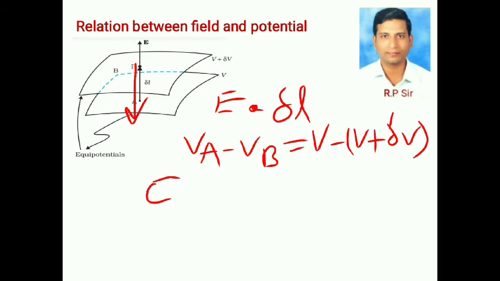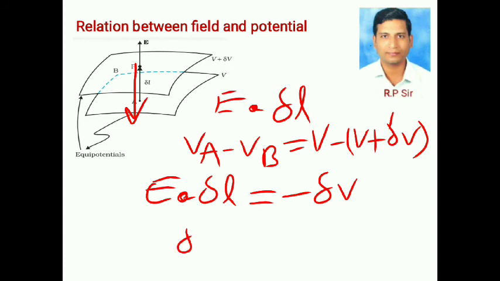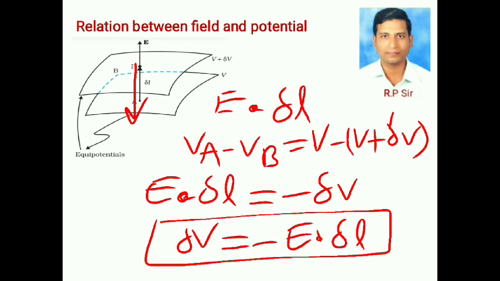Therefore, E dot delta L equals minus delta V, or delta V equals minus E dot delta L.